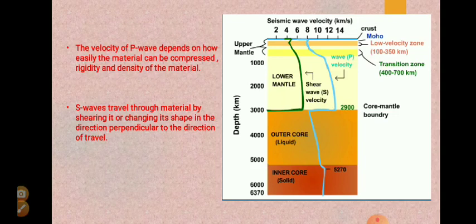In the case of the S wave, the shear wave velocity is 4 km per second, and at the depth of 2,900 kilometers it abruptly disappears.